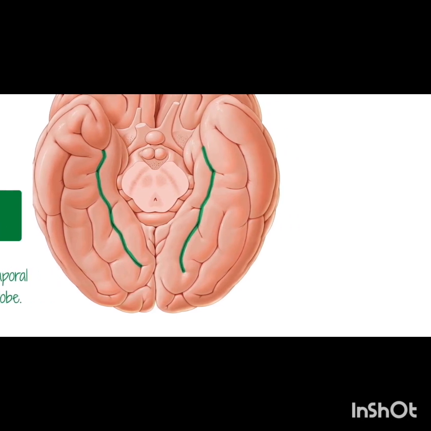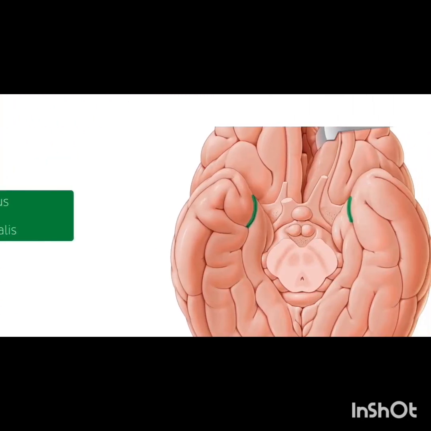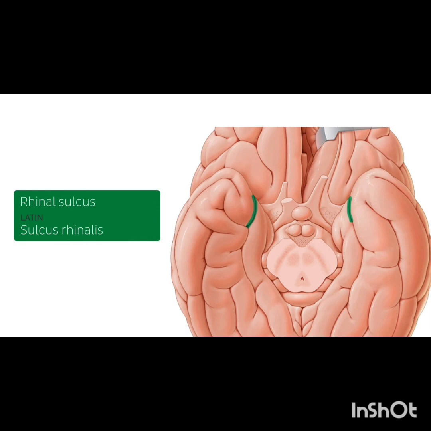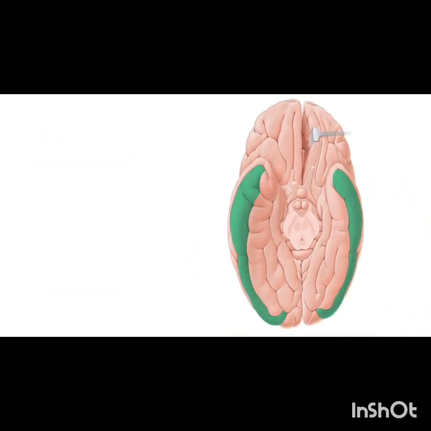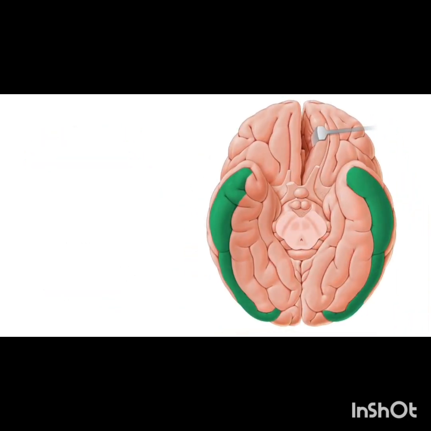Next, we're going to be highlighting this structure here, which is known as the rhinal sulcus, which is a continuation of the collateral sulcus. It is located lateral to the uncus, at the anterior part of the parahippocampal gyrus, separating it from the fusiform gyrus. The sulci that we described previously border some important gyri in the basal surface of the brain.